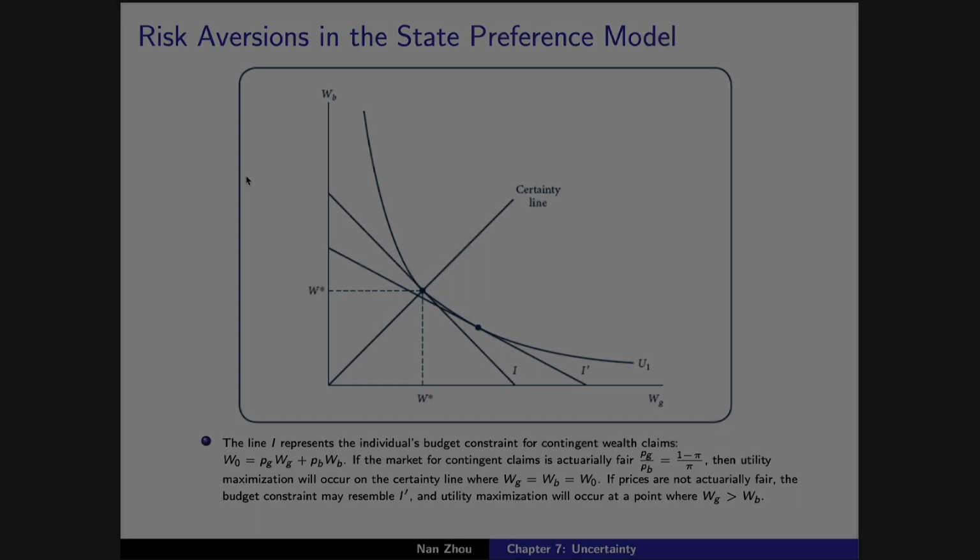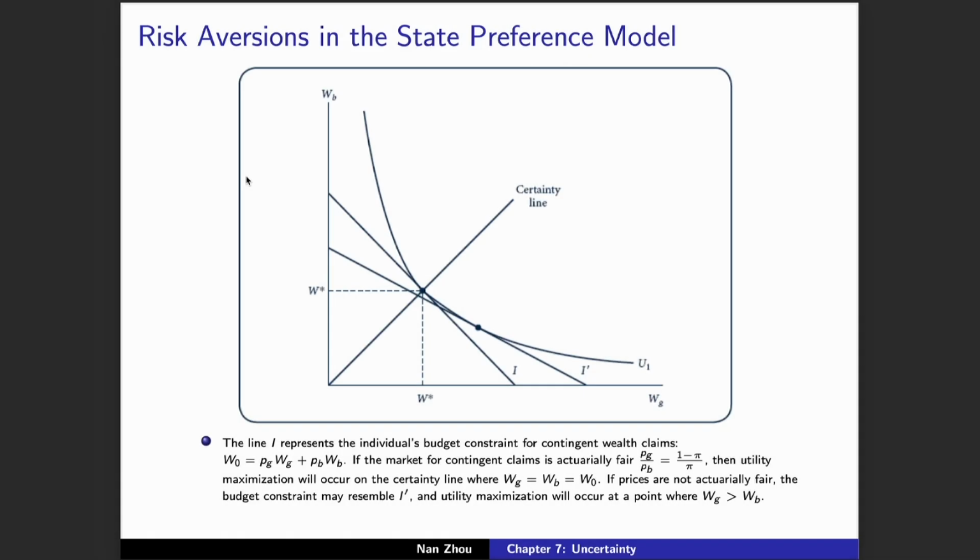This diagram shows the state preference model where the axes represent wealth in the two states. The budget line is actuarially fair, so its slope, minus PG over PB, is equal to minus (1 minus π) over π. And so the individual will be best off along the certainty line where the wealth is the same in both states.